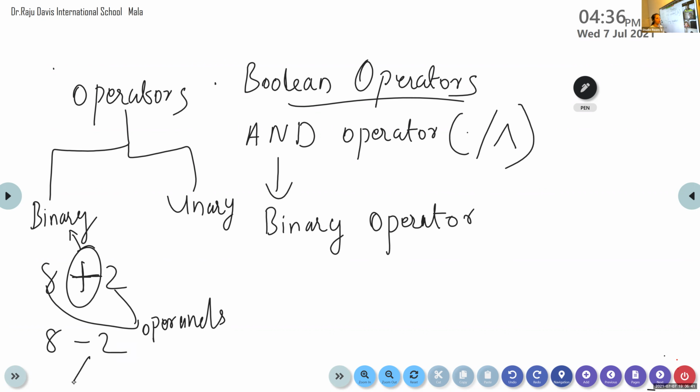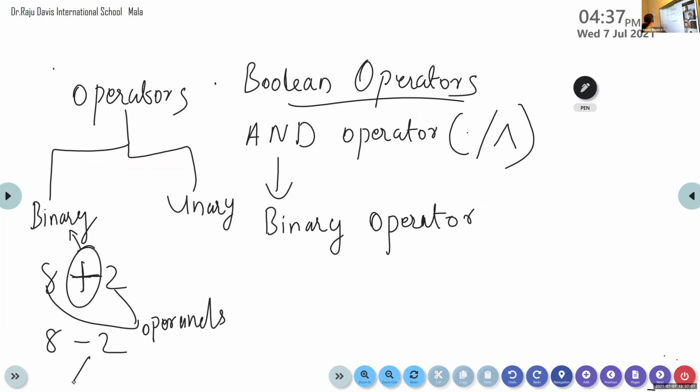Division is also another binary operator. Multiplication is another binary operator, because for multiplication we need minimum two operands. Maximum we can use 3, 4, 5, any number, but minimum it needs two operands. That type of operator is known as a binary operator. Is it clear?